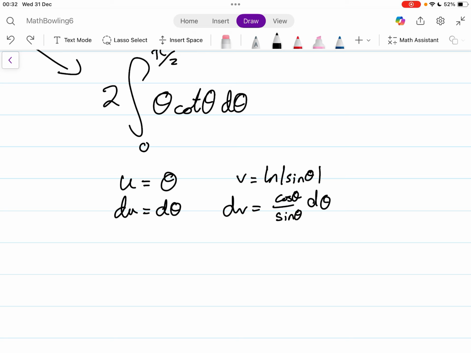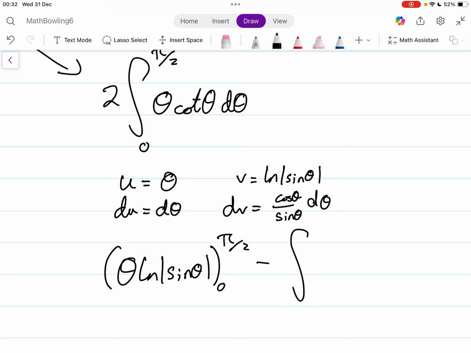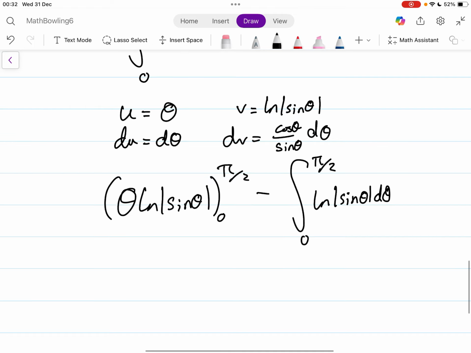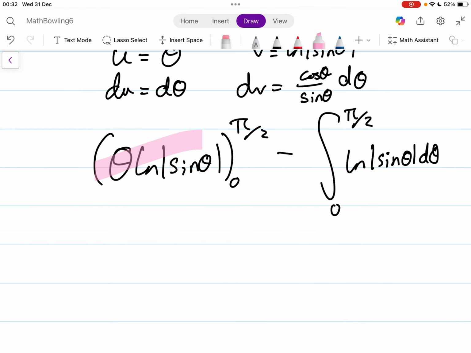So we've got theta ln mod sine theta from 0 to pi over 2, subtract the integral from 0 to pi over 2 of ln sine theta d theta. So let's start with this bit again.